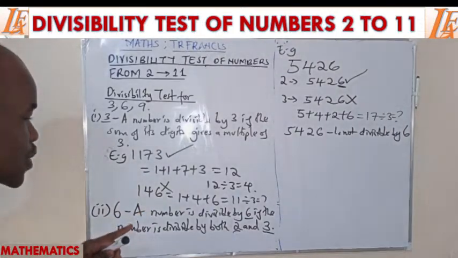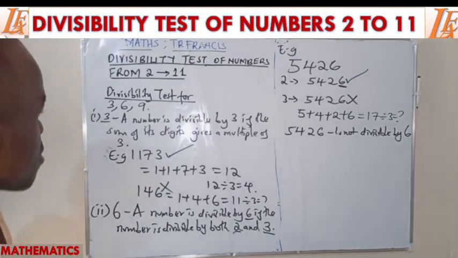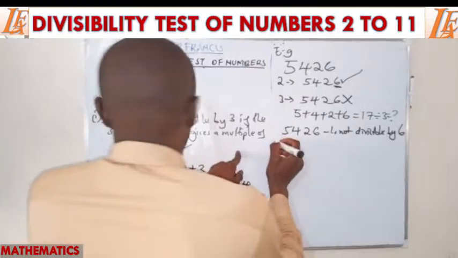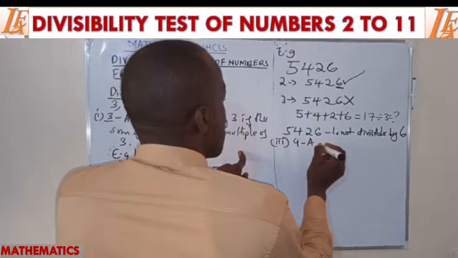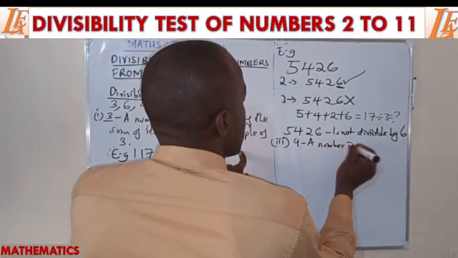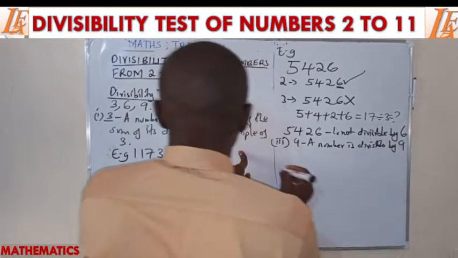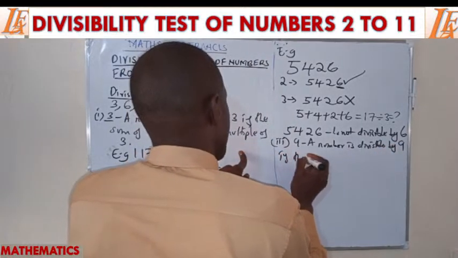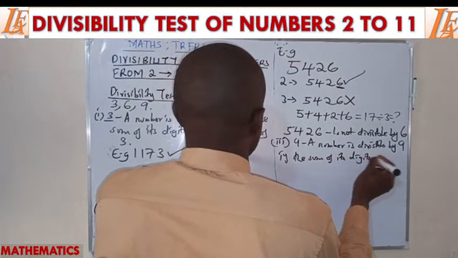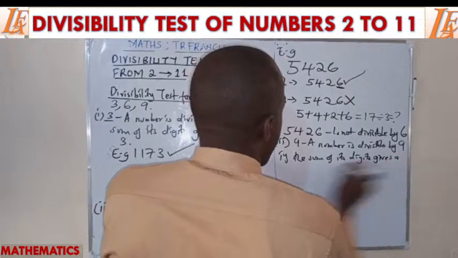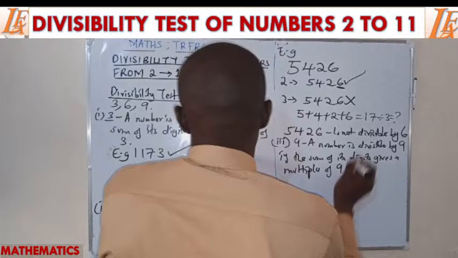So for this test for 6, you test whether it is divisible by both 2 and 3. Then we come to the test for 9. A number is divisible by 9 if the sum of its digits gives a multiple of 9.